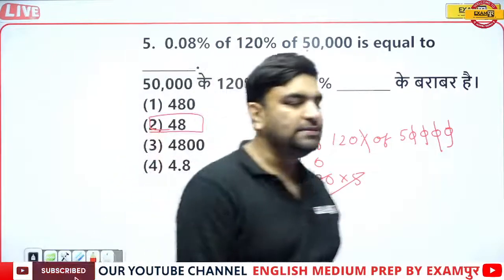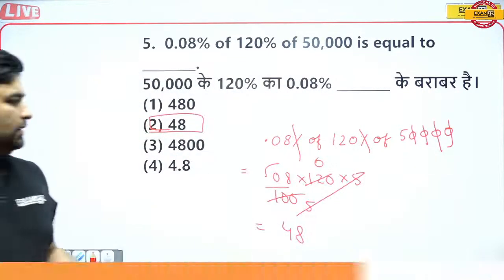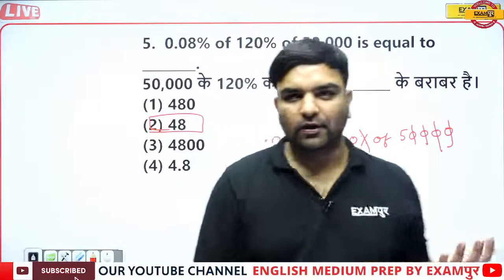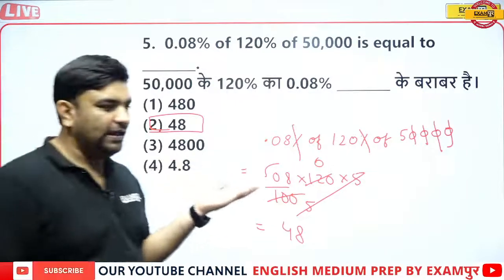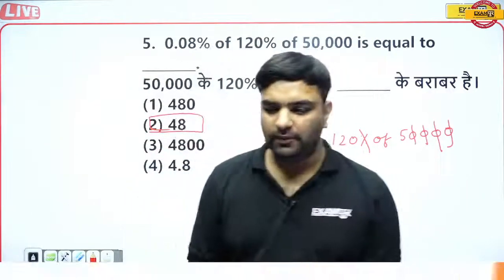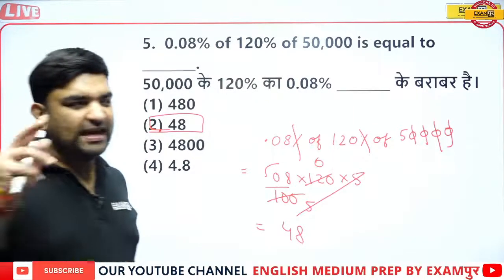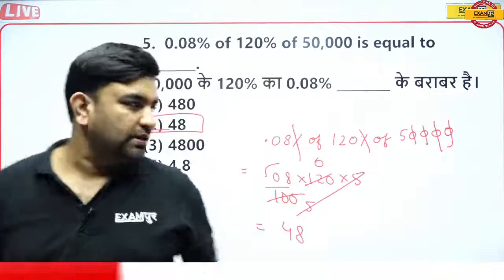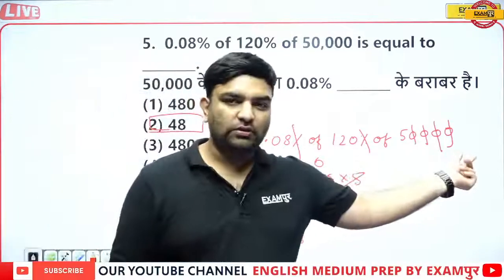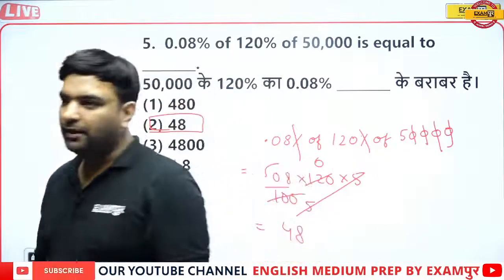Only the game of decimals, counting, whether you give it 480, 4.8, 48, or 4800, that was the ultimate point to be noted down. One percentage cancels out two zeros, this percentage has cancelled out these two zeros, and this percentage has cancelled out these two zeros. Now it's a direct multiplication.